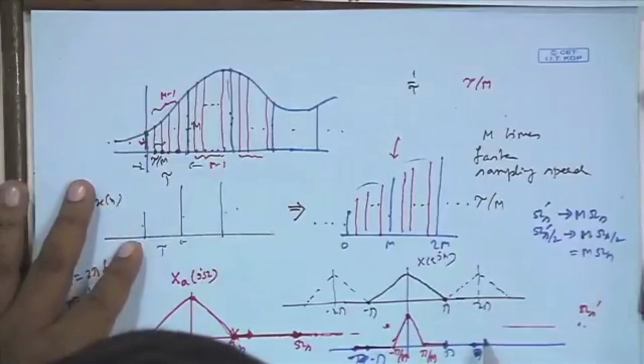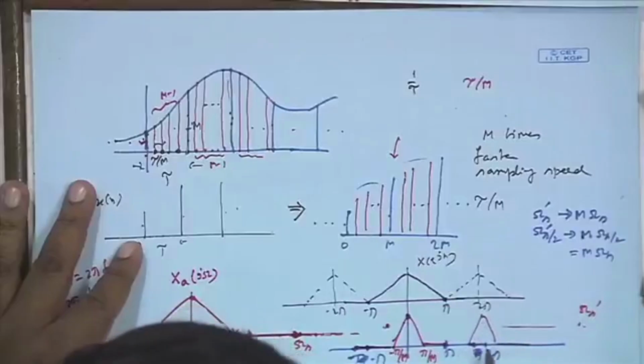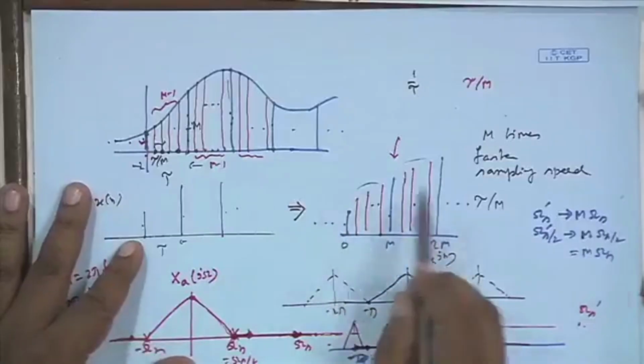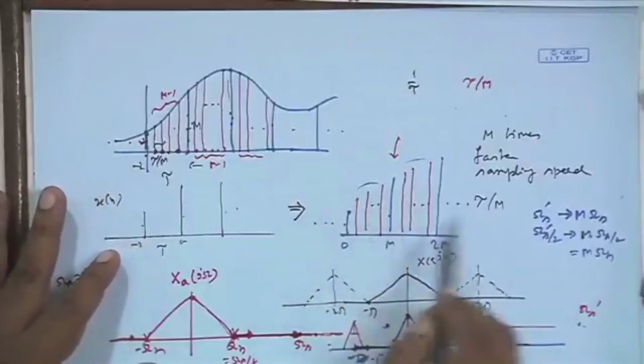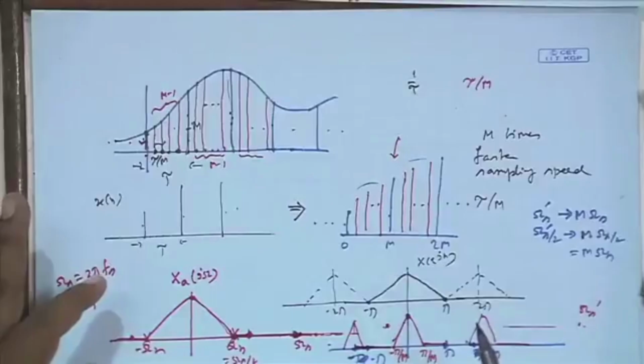Okay. So, again at 2 pi, around that you have got things like that, 2 pi plus pi by m, 2 pi minus pi by m, here also dot dot dot. That is the DTFT of this higher sampling rate sequence, the interpolated sequence.